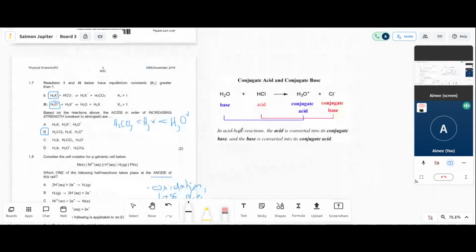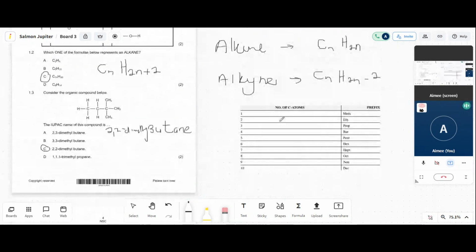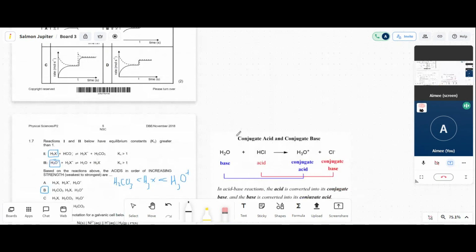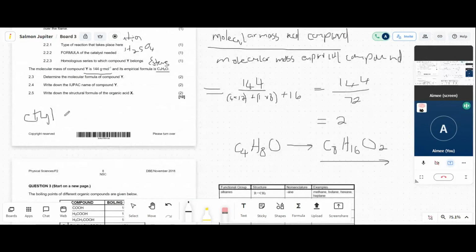And if we go back up quickly to the prefixes table, 6 has a prefix of hex. So the final part of your name starts with hex. And if you studied your functional group names, you know that the suffix for an ester is anoate.